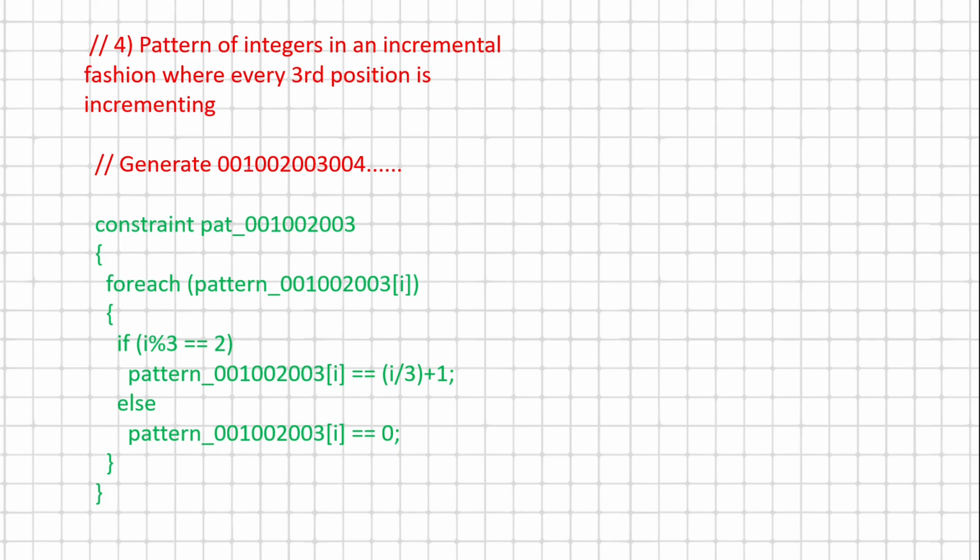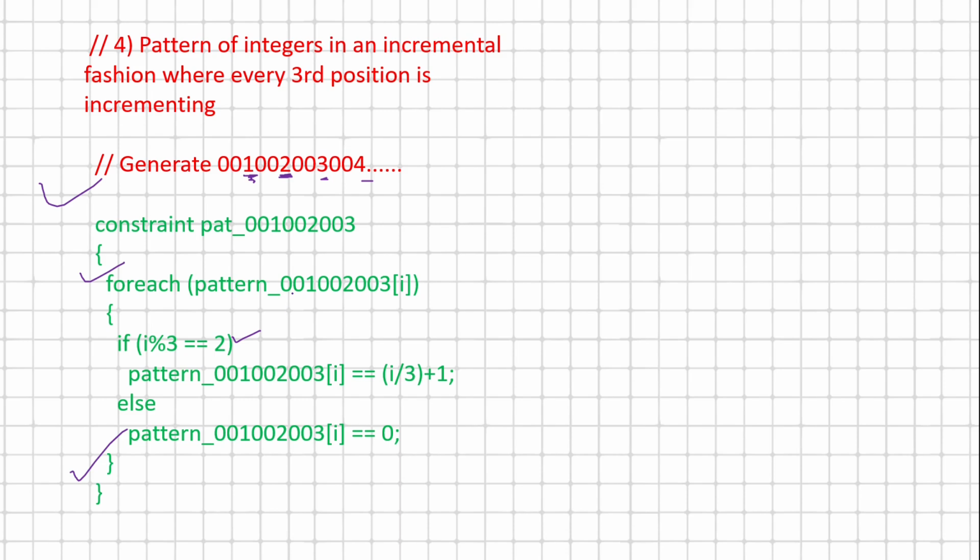Now question number 4 is 0 0 1 0 0 2, which means our third index, or you can say our second index, because we start our numbers from 0. So this is our pattern and our second index is always increasing. So let's say the for each loop is the same, the constraint is the same. If i percent 3 means our remainder is 2.